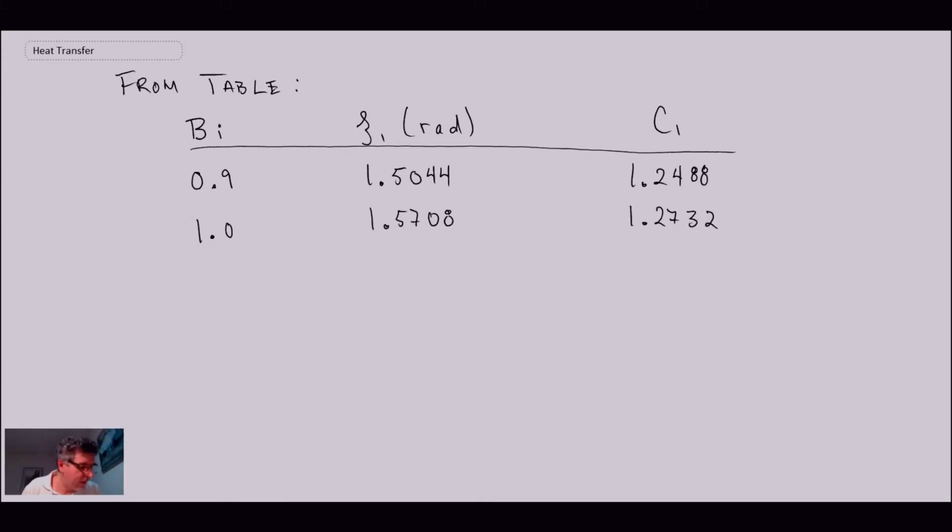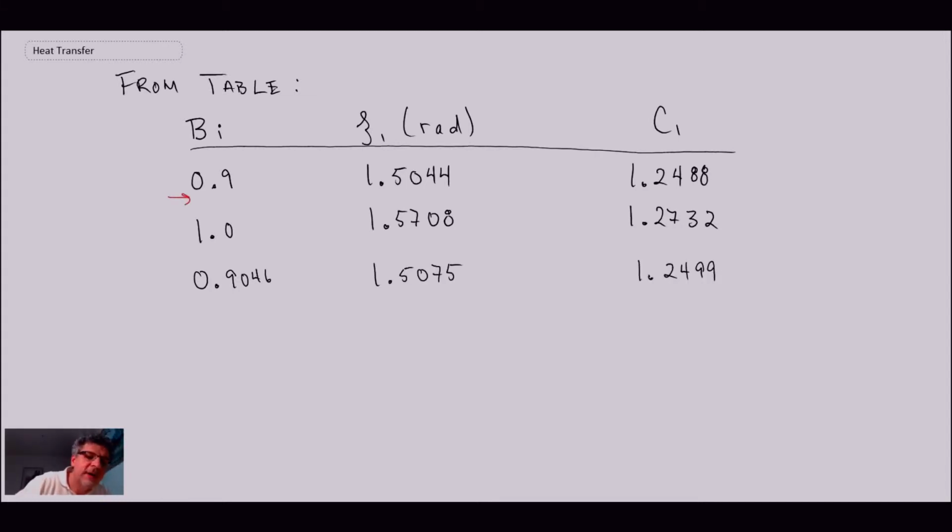Those are the values in the table, and we're interested in what is going on at 0.9046. We can see it's going to be closer to 0.9 than to 1. So we do linear interpolation, and when you go through it, you find the following values.